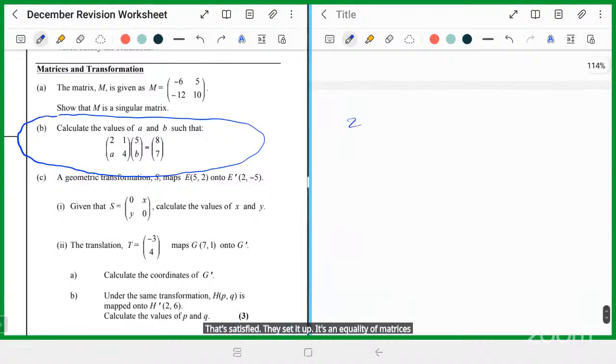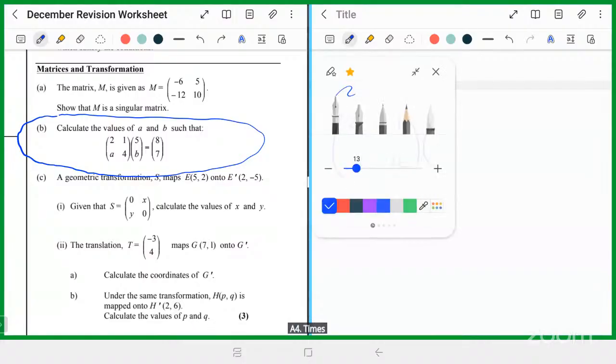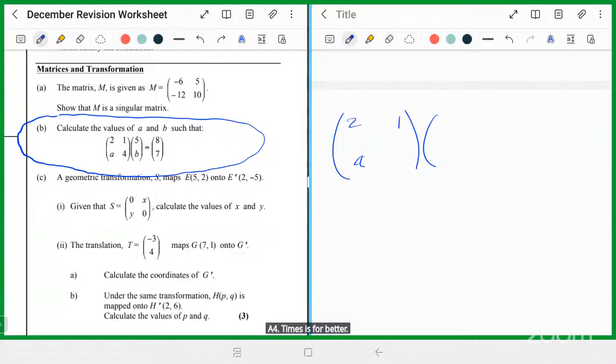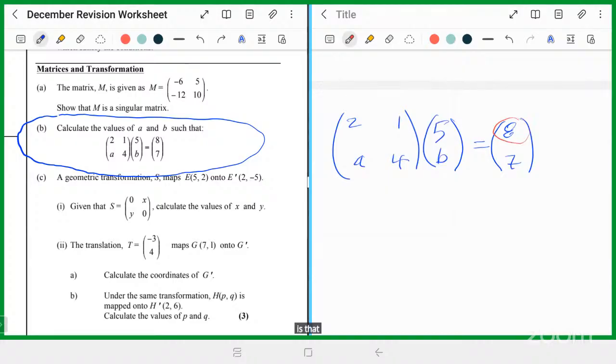So it's 2, 1, A, 4, times 5, B equals 8, 7. Alright, so that's the equality of matrices. Right? That's what we're going to solve. So what it is that this 8 right here is equal to this row times this column.